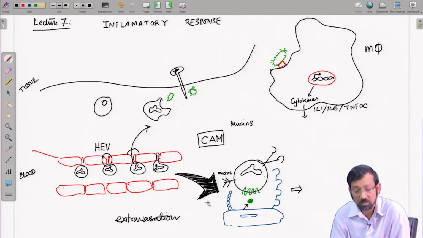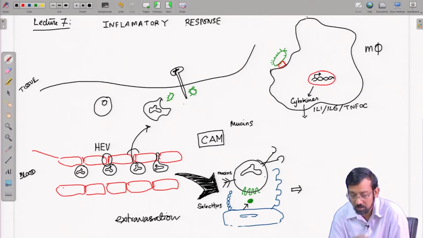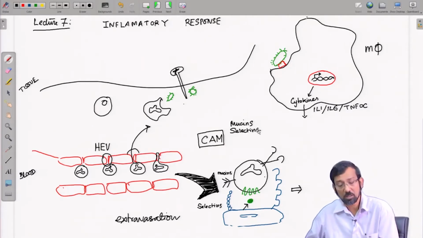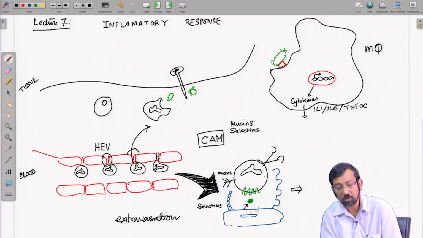The selectins, which are usually expressed on the surface of the endothelial cell.